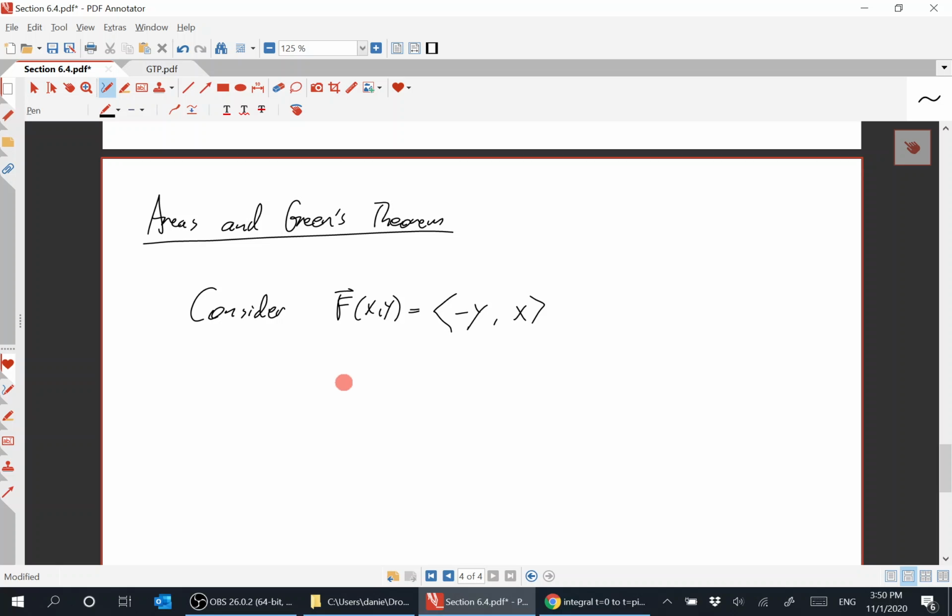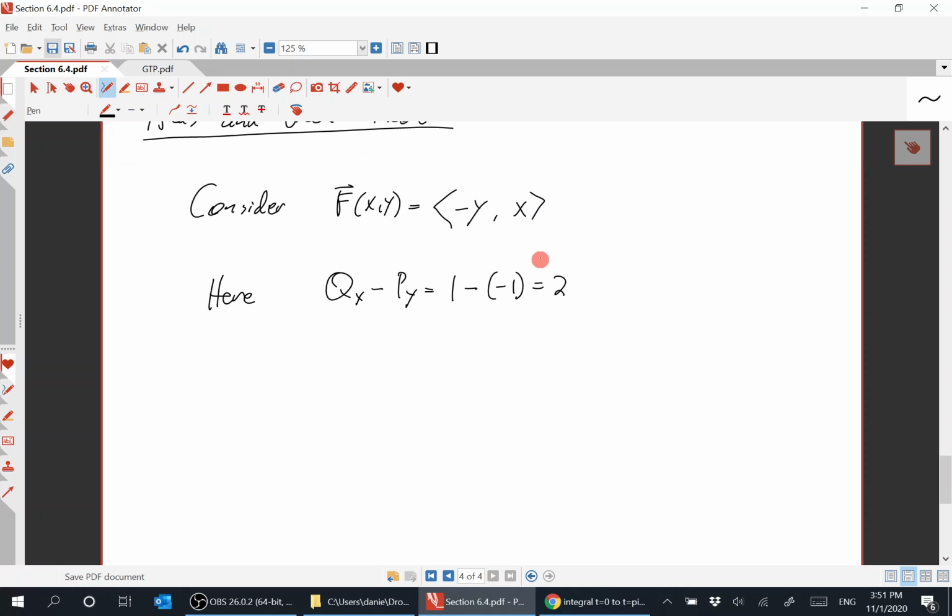Right? It's not conservative. That's been our basic example of a non-conservative vector field. And in this one, qx minus py is equal to, well, qx is equal to 1. And then minus py is negative 1 equals 2.